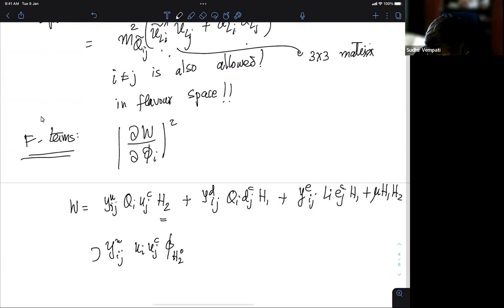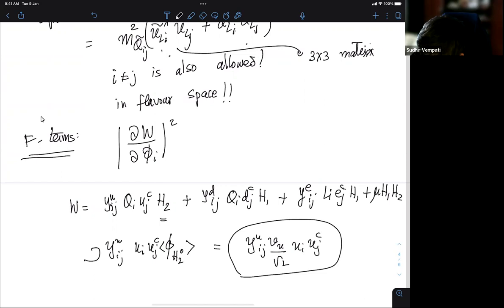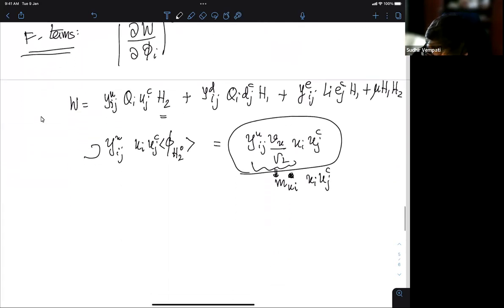So once this gets a vacuum expectation value, this becomes Y_U ij v_U/√2 u_i u_j^c. This is nothing but your mass term, M_U, so the superpotential also has mass terms.